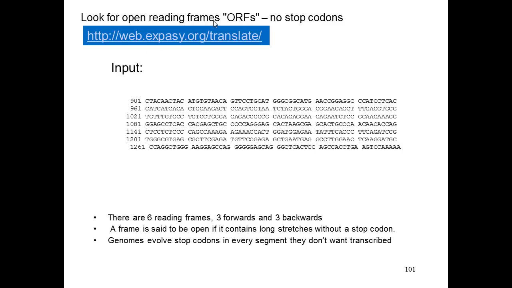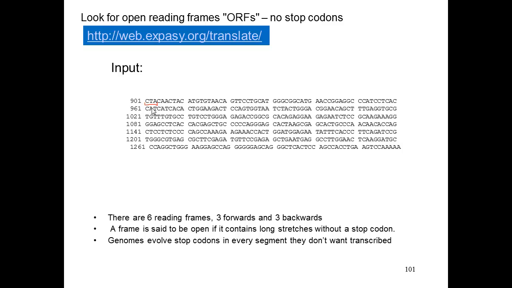We also look for open reading frames, or ORFs. We mentioned how evolution has made sure that there are stop codons in each reading frame. There are 6 of them, 3 forward and 3 backward, for each DNA sequence. When we talk about reading frames for the codons, it's which group of 3 nucleotides we are going to try to make an amino acid out of.